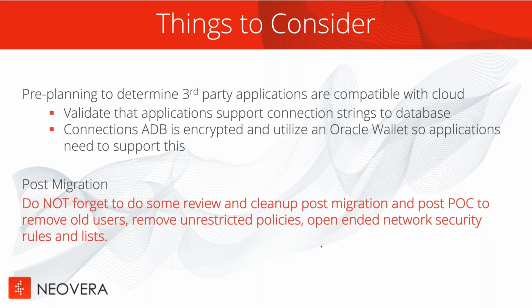So basically your broad network security groups, and if you have security lists, which are a little bit more fine-grained, those were open to IPs and stuff. Those were done generally just to facilitate really quick getting things to work, or not knowing exactly how you might need to restrict it. Please pay attention to the post-migration cleanup and make sure you get your security posture right as part of that.